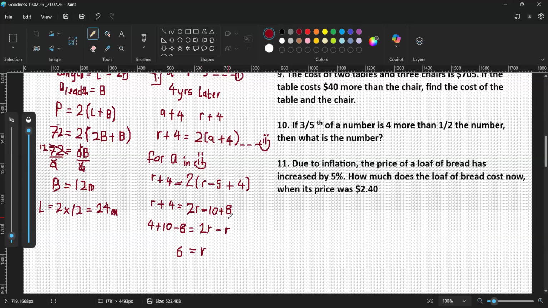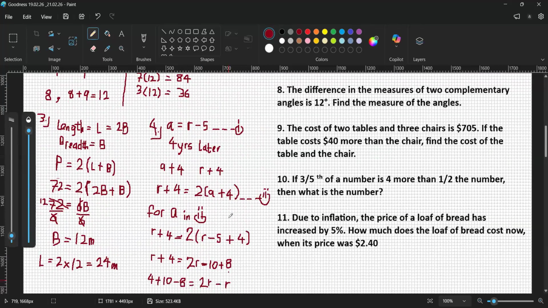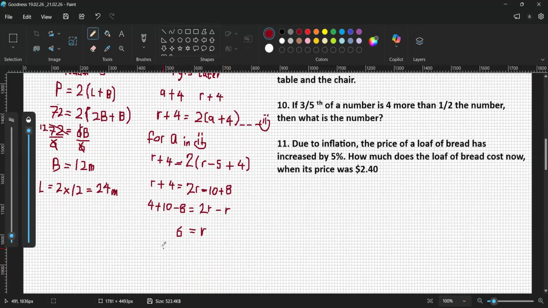Now we found out what R is. Let's go and find what A is. Remember from equation 1, A is equal to R minus 5.